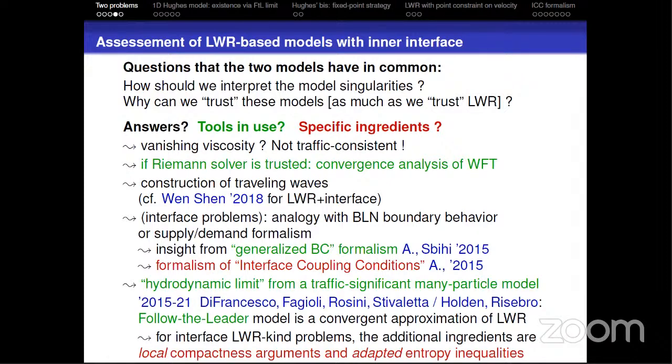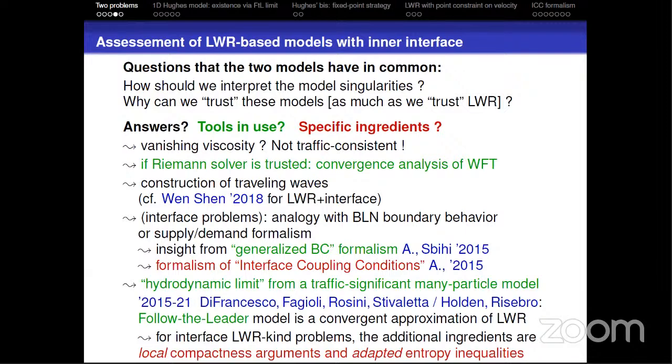We really found that instead of looking for global BV bounds, which we were finally unable to prove, even if we feel that they should be there, we use local compactness arguments, so weaker compactness arguments, and adapted entropy inequalities, as is more or less usual since the Perthame–Dubois work, which introduced this idea. It is more or less usual to characterize the solution in PDE terms.